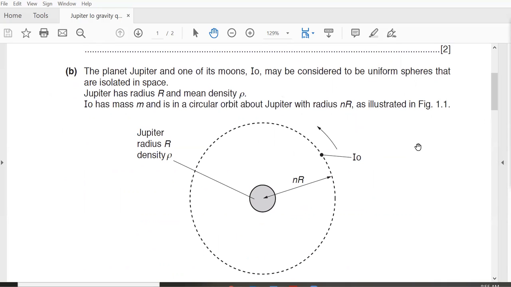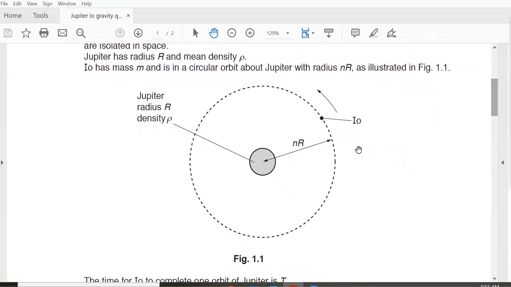It says the planet Jupiter and one of its moons, Io, may be considered to be uniform spheres that are isolated in space. Jupiter has radius capital R and mean density rho. Io has mass lowercase m and is in a circular orbit about Jupiter with radius nR, as illustrated in figure 1.1. So they're telling you that the planet itself has a radius R, and they're describing how far away the moon is as a number of those Jupiter radii.